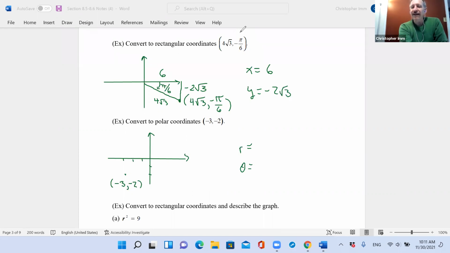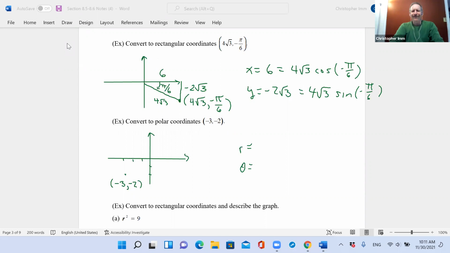So you can definitely do that by using that 30, 60, 90 triangle, or these should be equal to 4 root 3 cosine of 30 degrees, or -30 degrees is the same as 30 degrees, and 4 root 3 sine of negative pi over 6, 30 degrees.